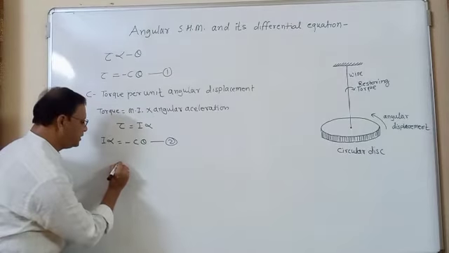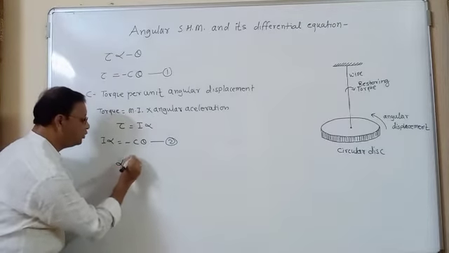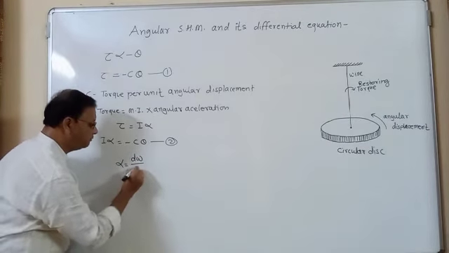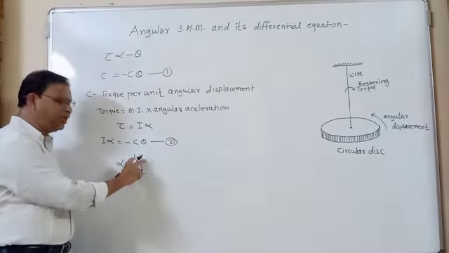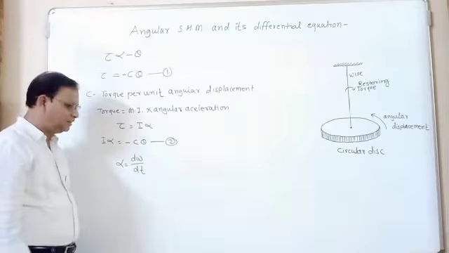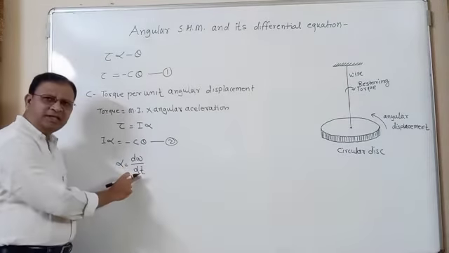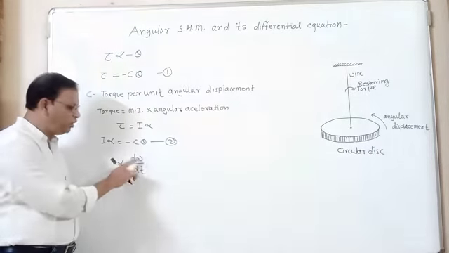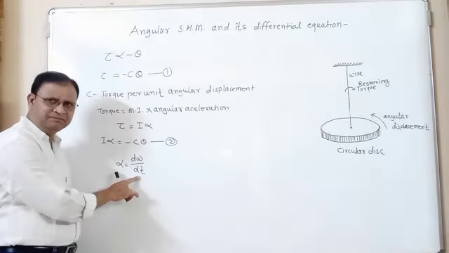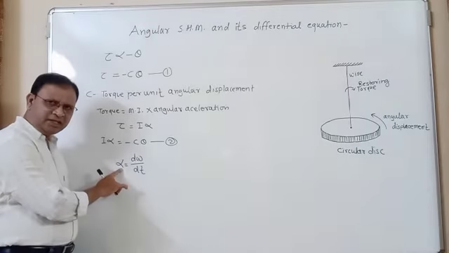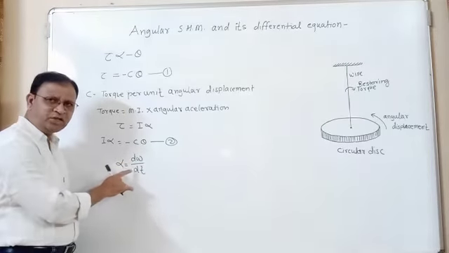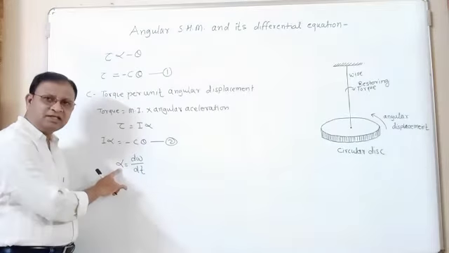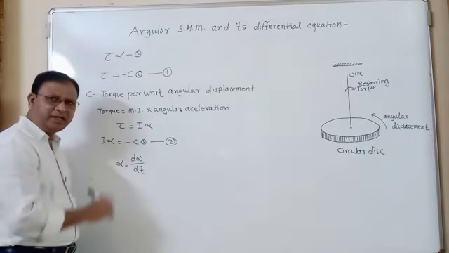Angular acceleration alpha is equal to d omega by dt. What is d omega by dt? Omega is the angular velocity. D omega by dt is the rate of change of angular velocity with time. Angular acceleration is the rate of change of angular velocity with time. This is the definition of angular acceleration alpha, d omega by dt.